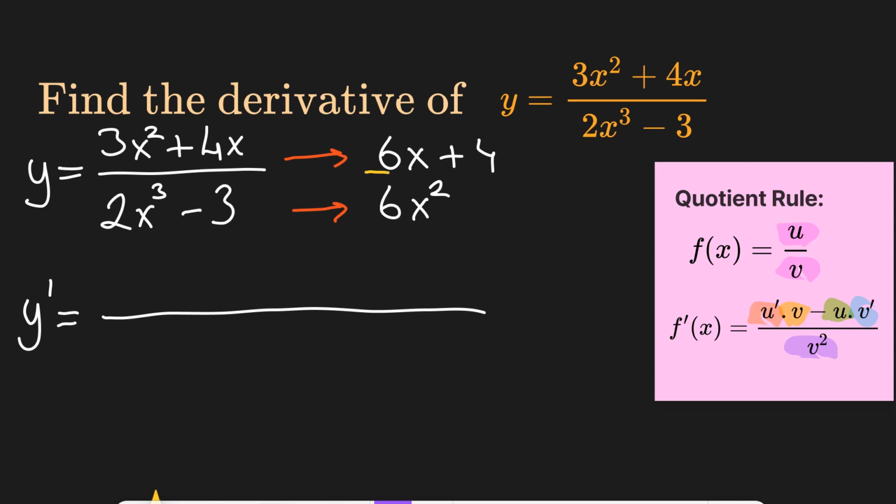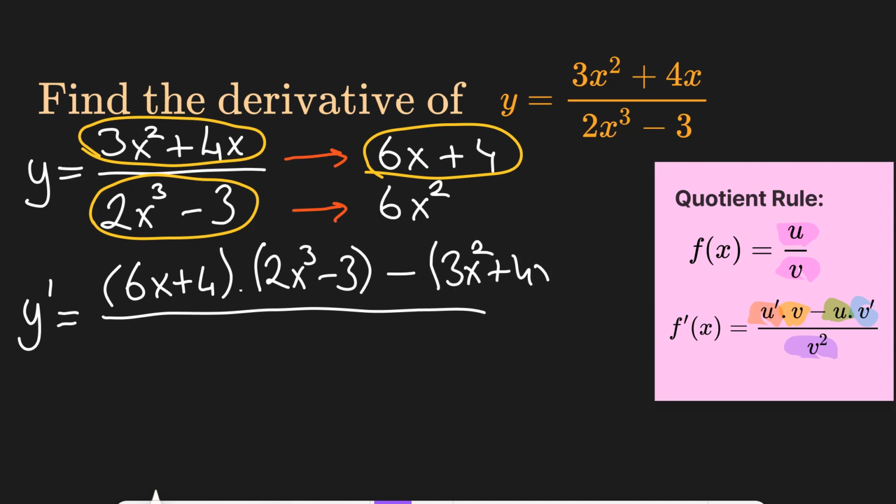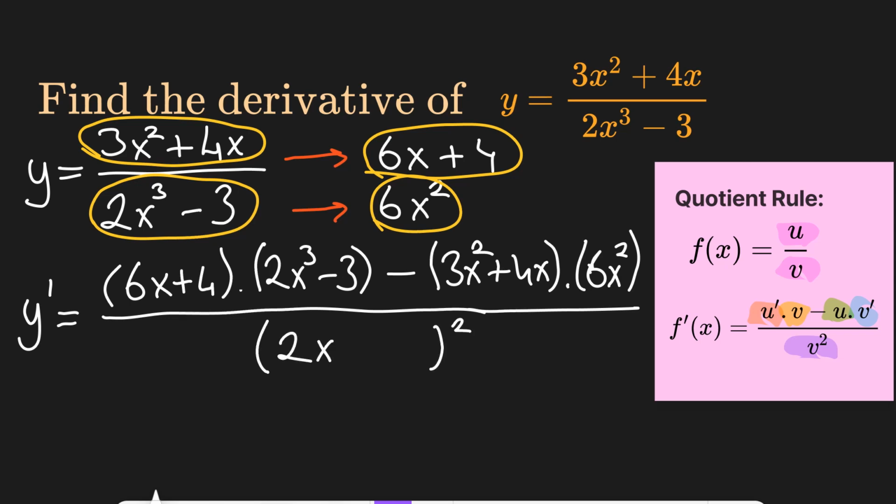Derivative of top is 6x plus 4, and bottom is 2x cubed minus 3, minus top function, which is 3x squared plus 4x, and derivative of bottom function is 6x squared, all over bottom function squared, which is 2x cubed minus 3 squared.